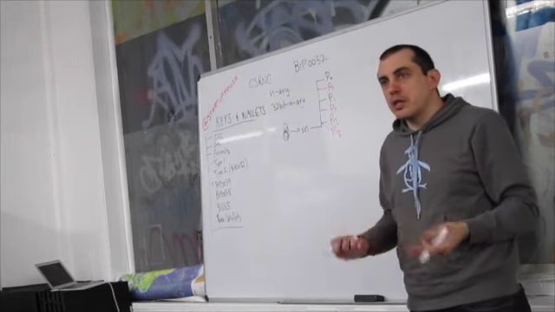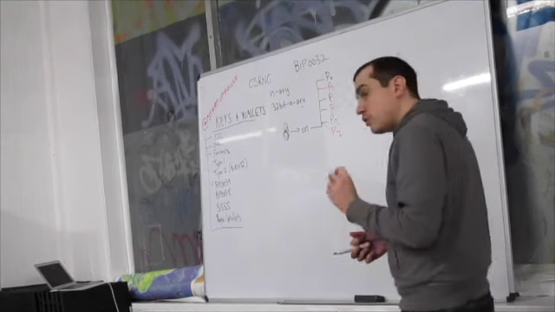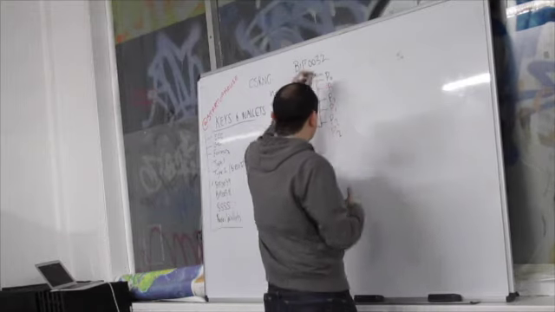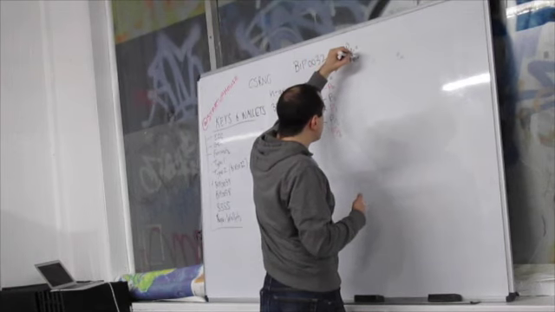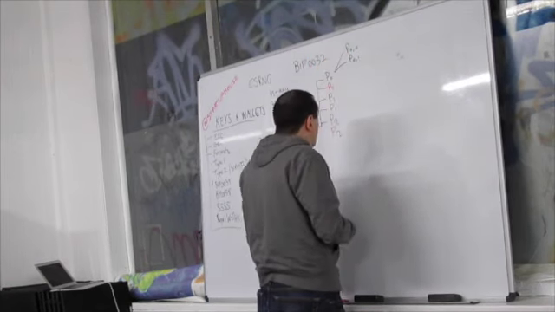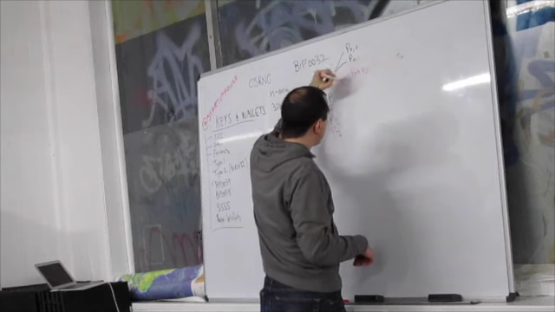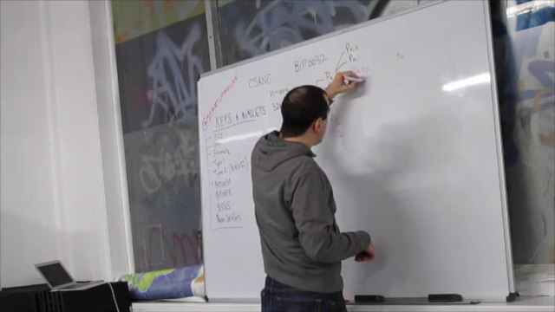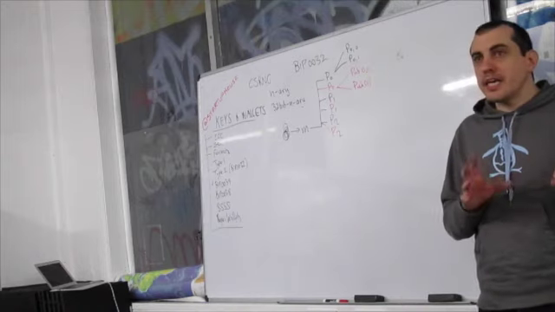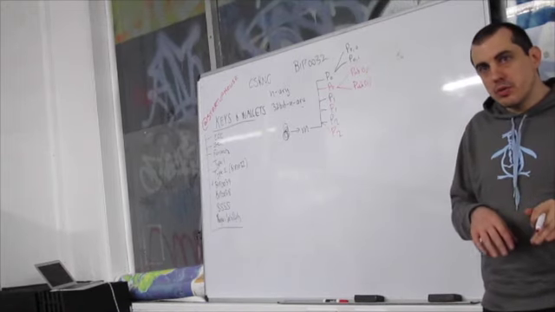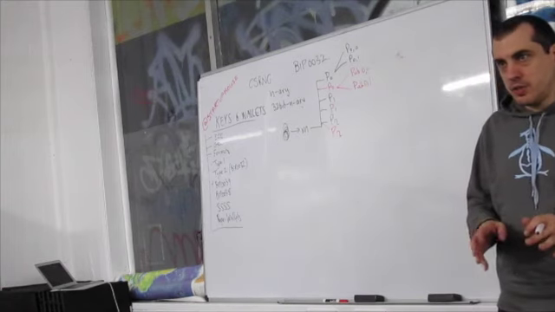So red are public, black are private. Here's where it gets interesting. You can derive sub-public keys from public keys. And you can derive sub-private keys from private keys.